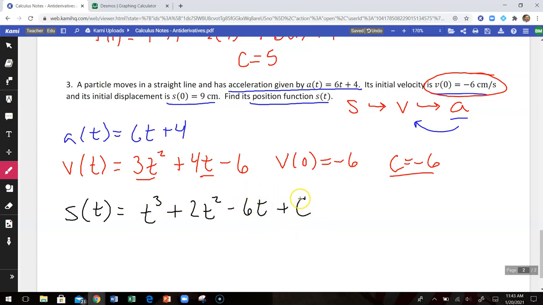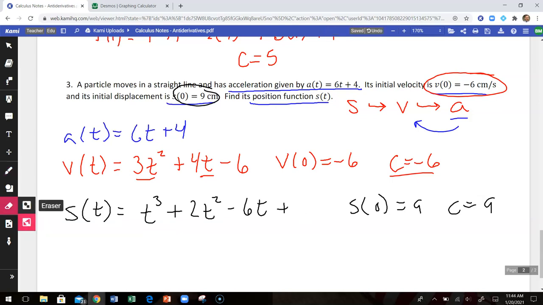I know that that's negative 6, so I only have a single c here. And then I know that my initial position, s of 0, is 9. That tells me that this c value is going to be 9, again, because all of those t's would go away if I plugged in 0, which means that this c value is 9, and there is my position function.